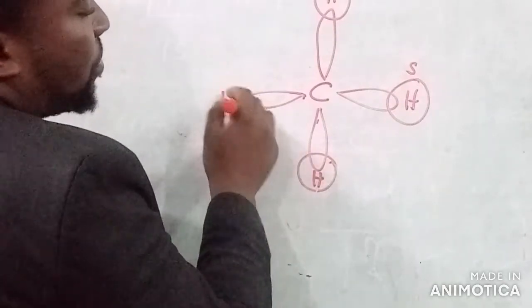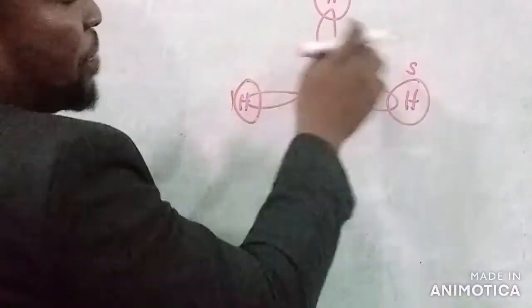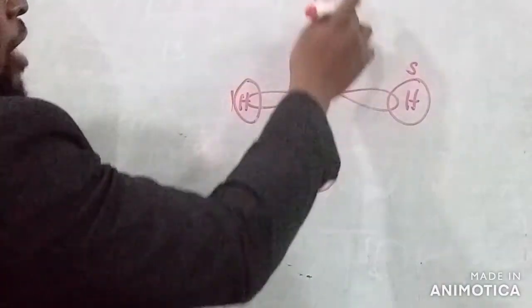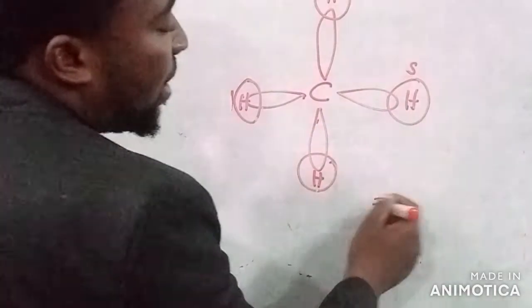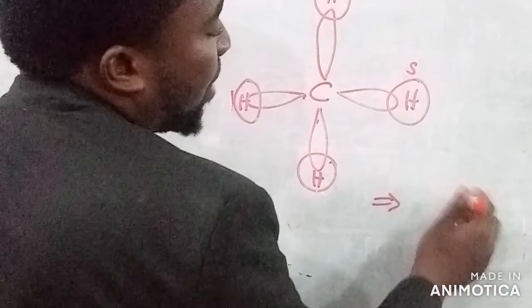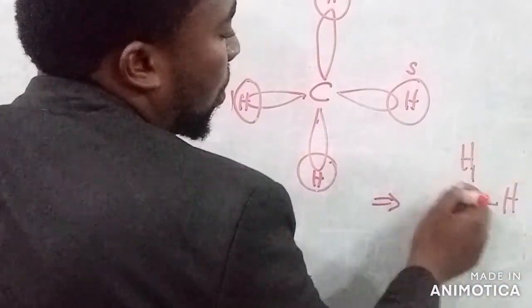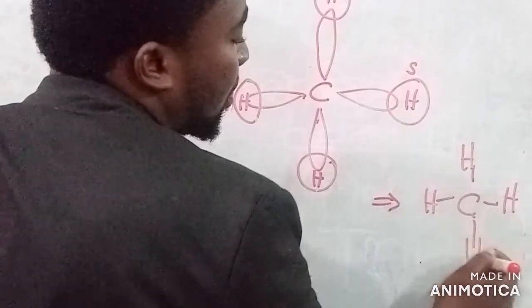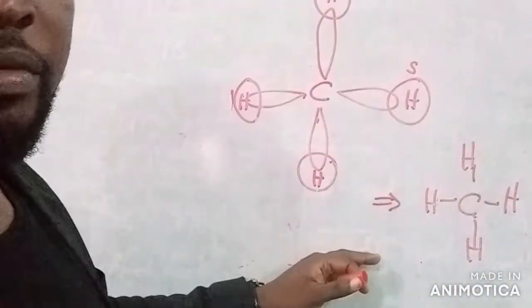So the hydrogen comes in at this point, overlapping with the electron clouds from the carbon atom. And at the end of the day, you have the carbon atom at the center surrounded by 4 covalent bonds linking hydrogen atoms in this form.